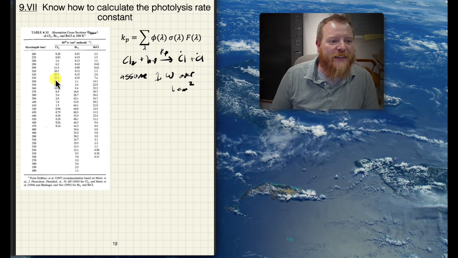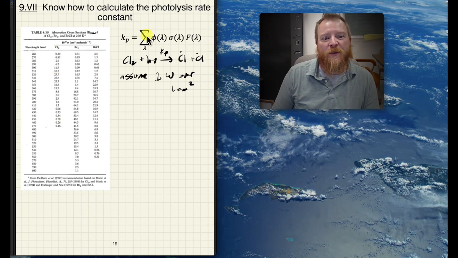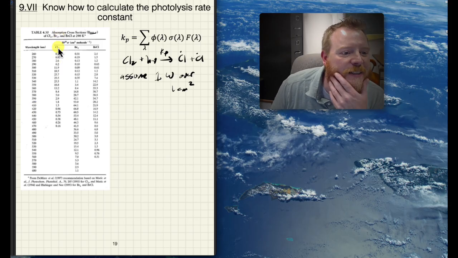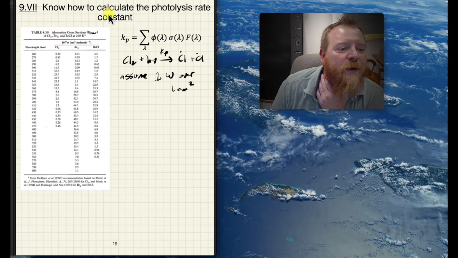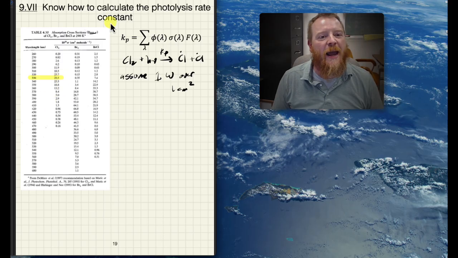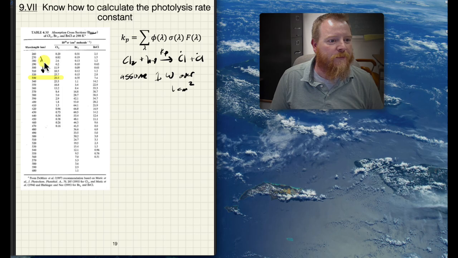So now if I scan across this, you can see this is why we want the sum version, because oftentimes we'll see tables that don't have a smooth continuous set of data, rather it's in these intervals. Now if I'm looking at the Cl2 data, if I highlight this area at 330 nanometers, that corresponds to a lambda max for Cl2, right?